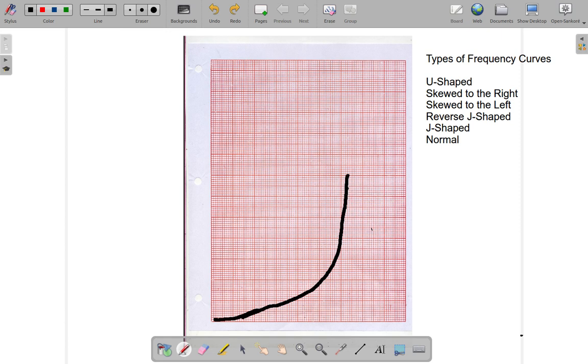So it goes way up and then drops down like that. This is skewed to the left, and it is called a negatively skewed distribution. It's negatively skewed to the left. That's where the long tail is.